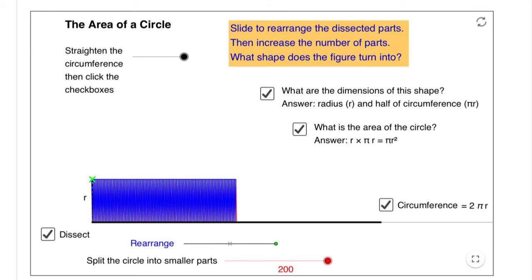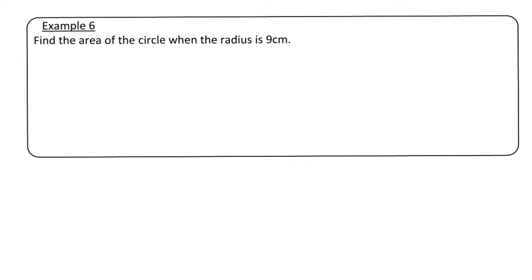The circumference is πd, but half of the diameter is the radius, so it's πr. So this length is πr, and this is the radius, which is r, and if we multiply those two together, we get πr².